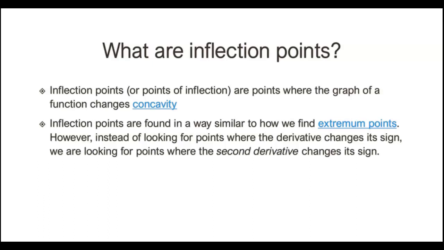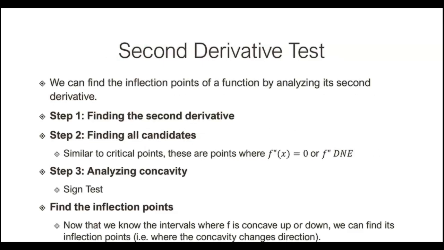Yeah, please do, Corey. So the second derivative test, much like the first, says find the second derivative, find all the candidates, which are the zeros and DNEs, then analyze them.